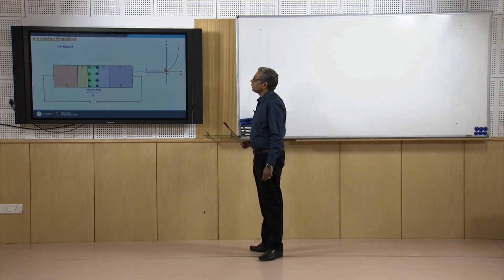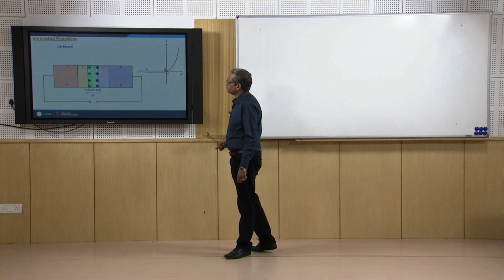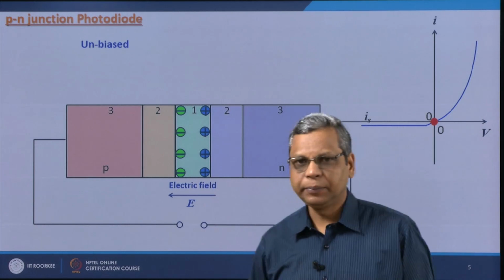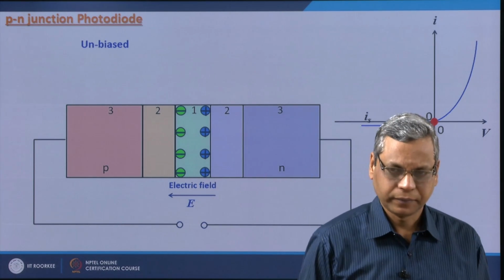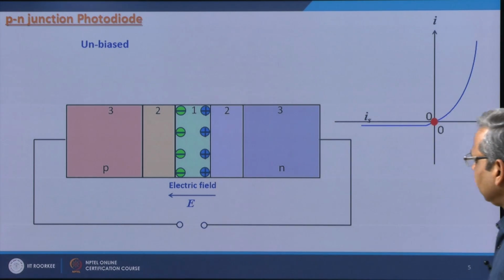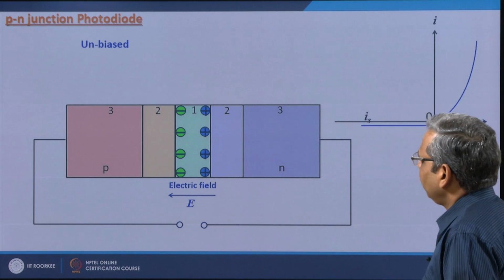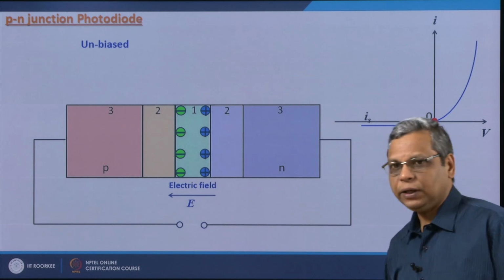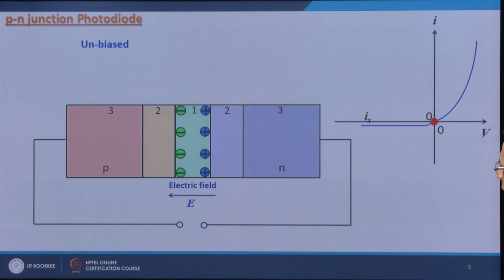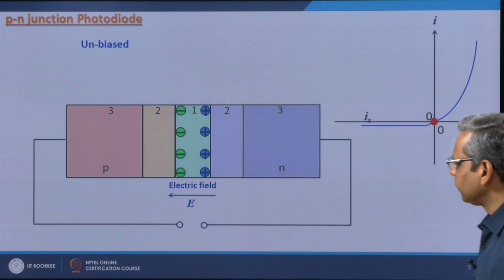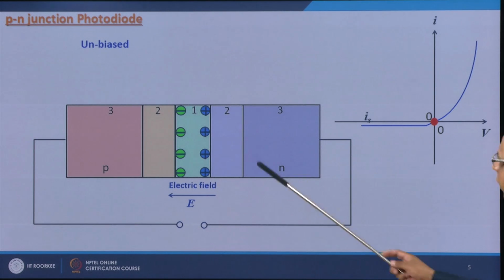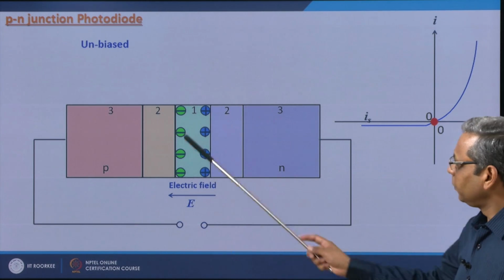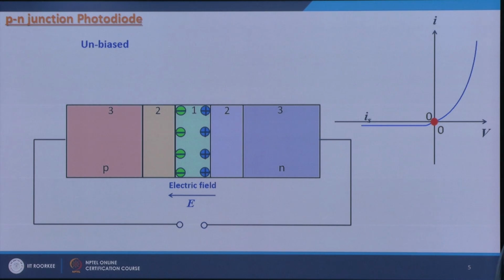If I look at the PN junction photodiode, how does it work? If I just take a simple PN junction diode, then I know that in the junction region there is an internal electric field which points from N type to P type, because on the N type side you have positive ions and on the P side you have negative ions.